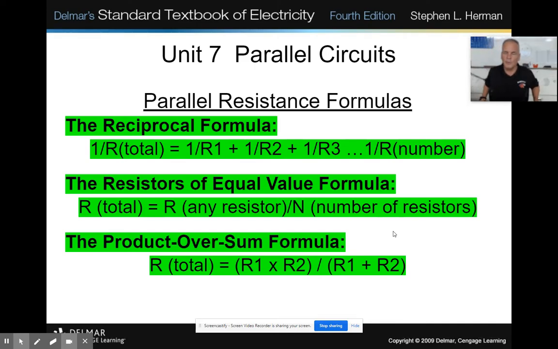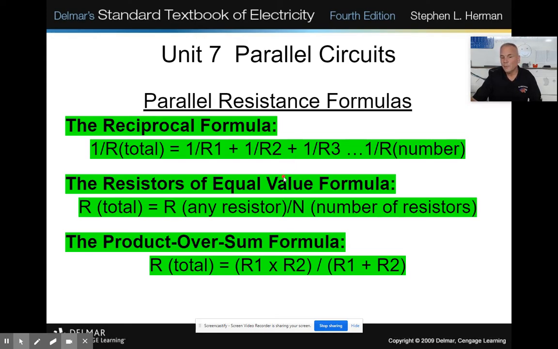These are three formulas that tell us what the total resistance in a parallel circuit is. The reciprocal formula, and that is the formula. You'll need to have that written down. When we do our video specifically on parallel resistance, I'll show you a little bit easier formula, but they all mean the same thing.